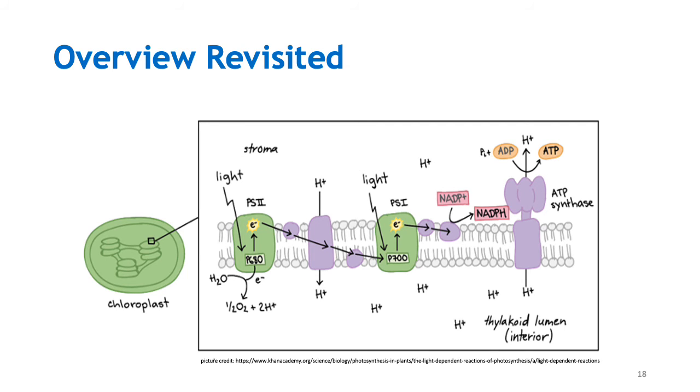So here's the overview revisited. Again, we're in the chloroplast, the thylakoid membrane. We've already seen how light is harvested in photosystem 2 as it comes in from the stroma, which is kind of the outside cellular space of the chloroplast. And the P680 photocenter, the reaction center, eventually gets that photon.